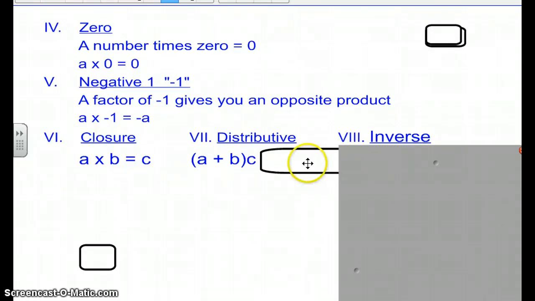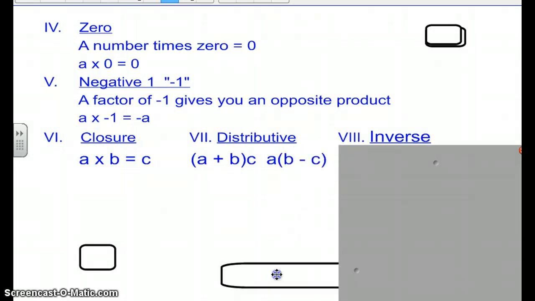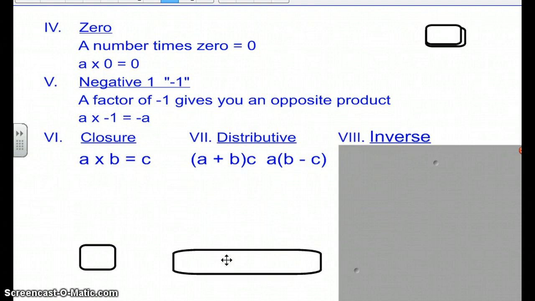This also is true when you see subtraction. So we could have A times B minus C, right? So, distributive property involves two operations. Addition and multiplication across that addition, or subtraction with multiplication across it.